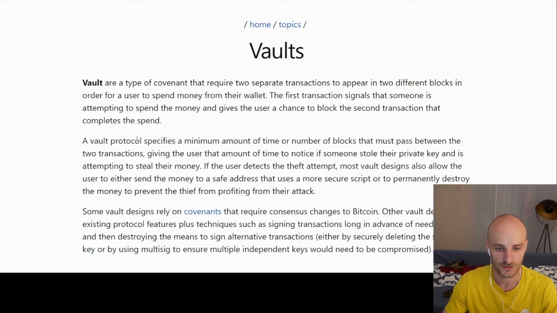A vault protocol specifies a minimum amount of time or number of blocks that must pass between the two transactions, giving the user that amount of time to notice if someone stole their private key and is attempting to steal their money. If the user detects the theft attempt, most vault designs also allow the user to either send the money to a safe address that uses a more secure script, or to permanently destroy the money to prevent the thief from profiting from their attack.